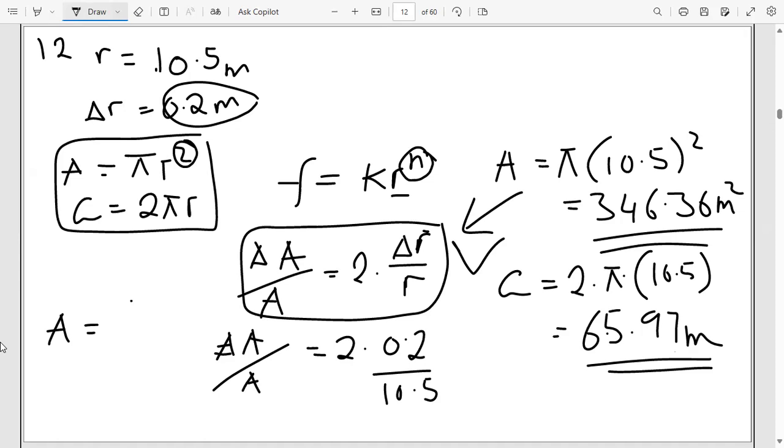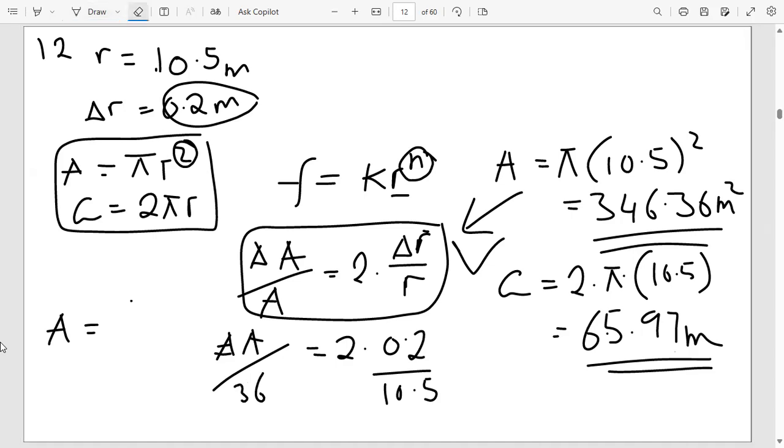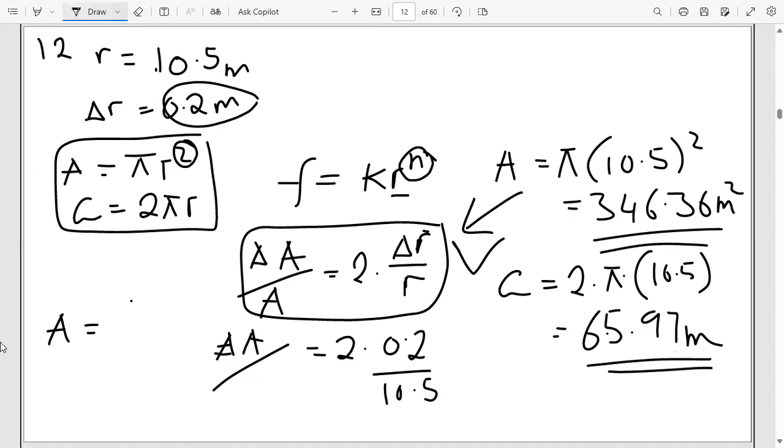Remember, this A is just the actual area, so we can also plug it in. And we found the actual area to be 346.36, like this. So we can just plug it in there and find the answer.